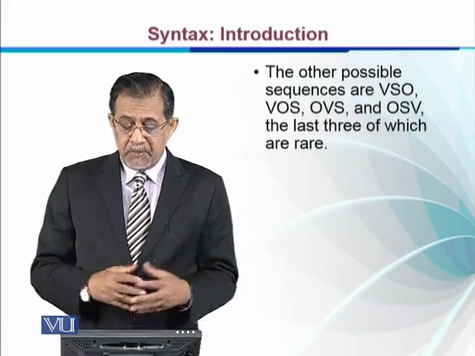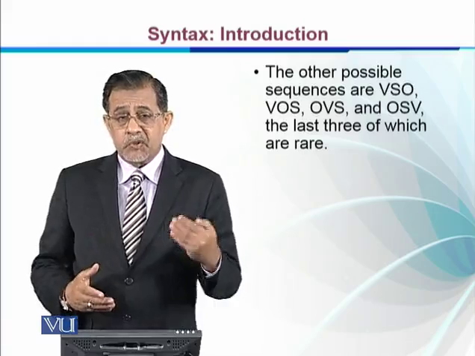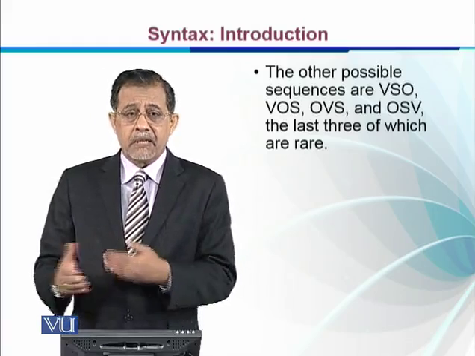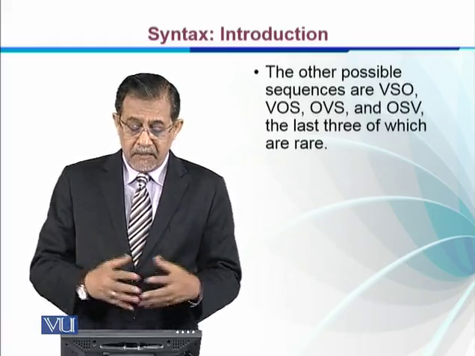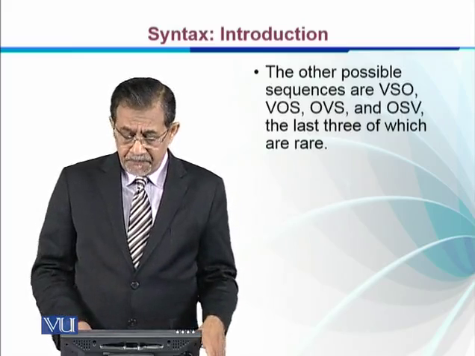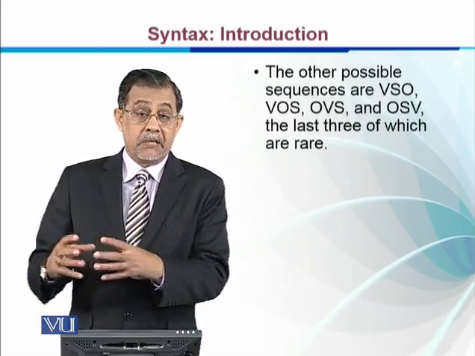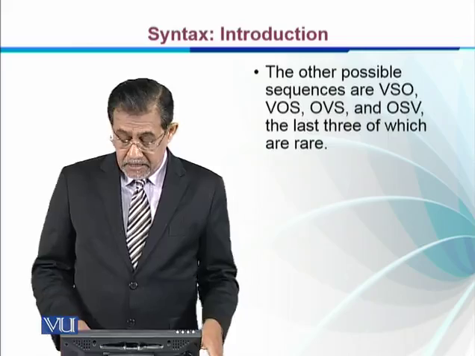Other possible sequences: some languages like Arabic start with the verb, then the subject, and then the object, and some have other orders, which are very few. The last three are very rare, in which the order is verb, object, subject. That means the subject goes to the end.